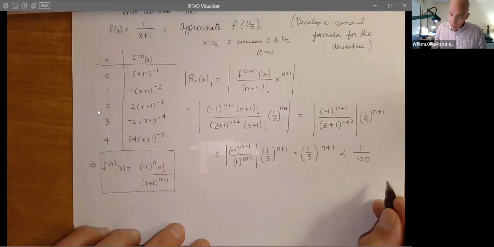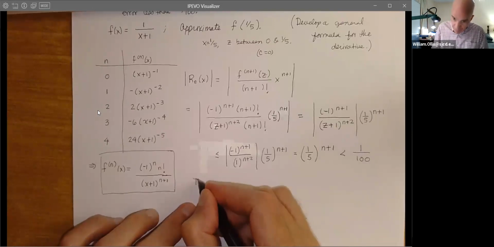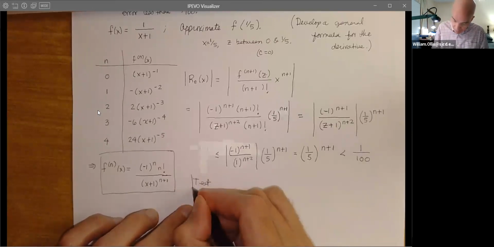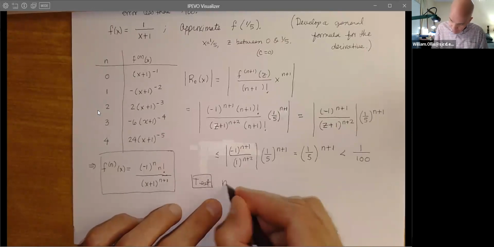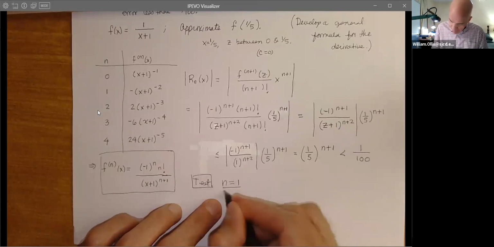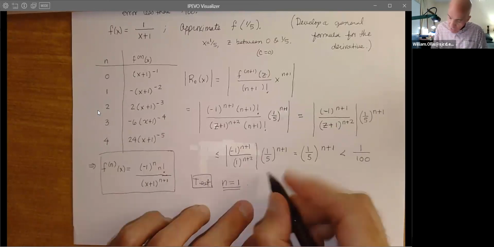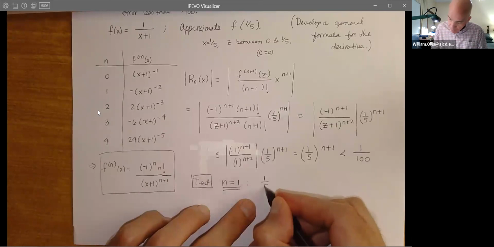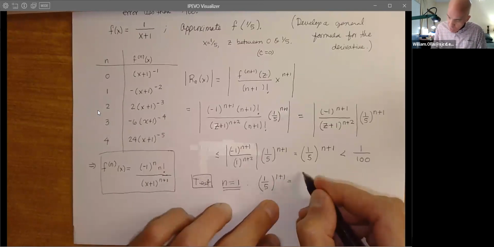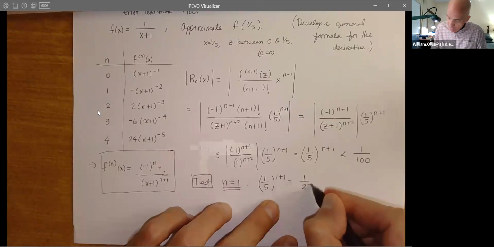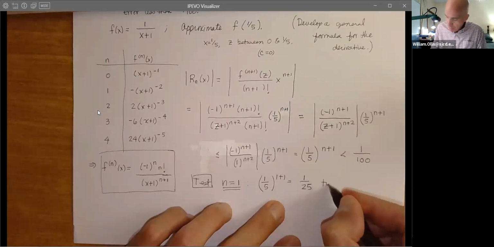So now we can test. So let's do a test. So first, let's look at n equal to 1. In this case, we have 1/5 to the 1 plus 1, which is 1 over 25. That's too big.